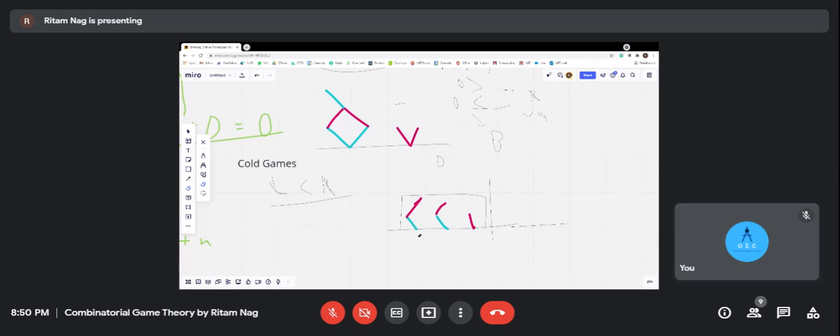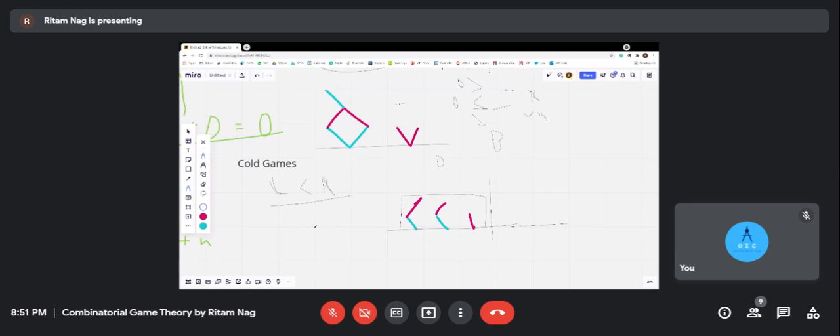So the idea is, if you are blue, you should be immediately winning because it's a positive position. But if you're red, you should not be. It's sort of hard to explain, but okay.